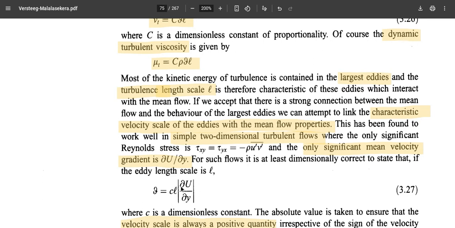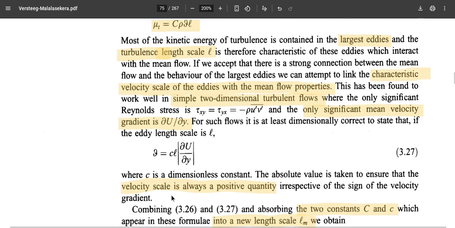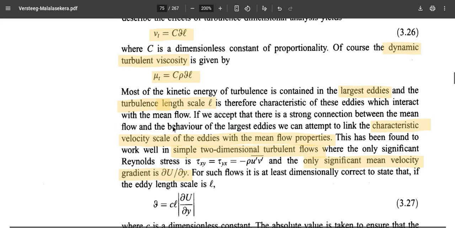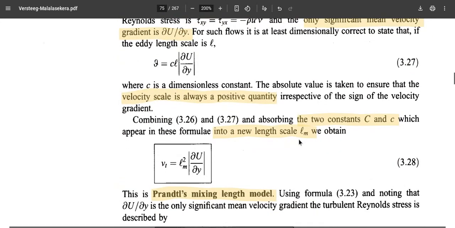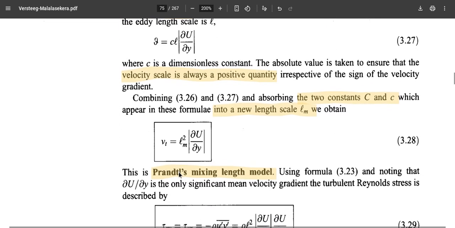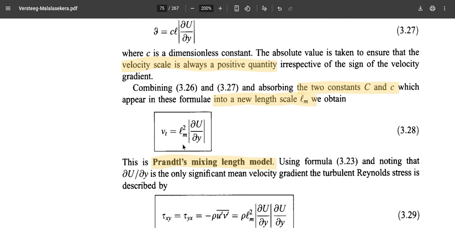This proportionality will be closed by an additional dimensionless constant called C. When we substitute these expressions, we end up with two C values and the flow gradient. Then the total L squared and all the C constants will be absorbed into a single new length scale called Lm. So the kinematic viscosity can be modeled as Lm squared times the flow gradient.